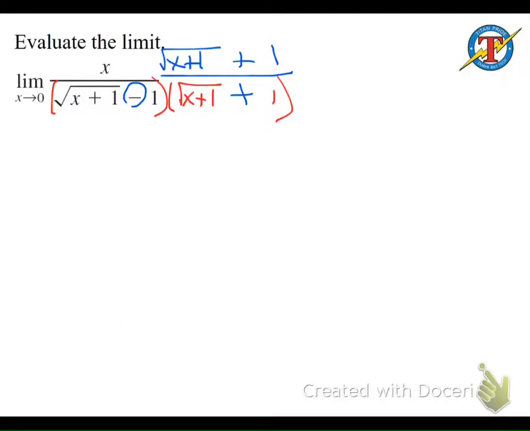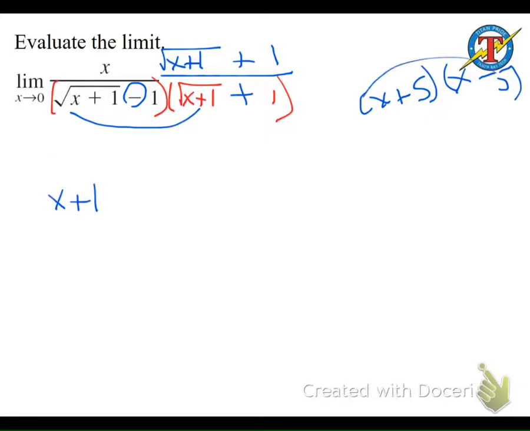Okay, focus on the denominator because that's where the issue was. That's where we had division by 0. I'm going to FOIL. It looks messy, but it's no different than that problem we just did a second ago. You're doing the same as this, okay? No big deal. So, when I multiply the first terms, we're squaring a square root. Squaring a square root undoes it, and you just get x plus 1.